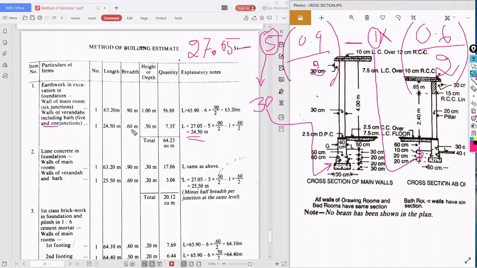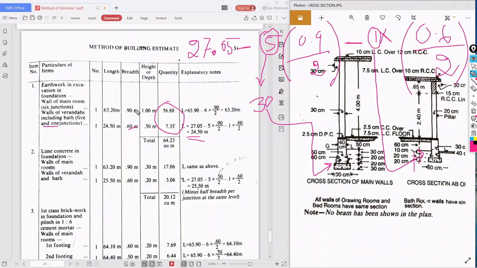So breadth is what? For a 20 centimeter wall, it is 0.60. So what is the trench height? That is 0.5. Multiply, you will get 7.35 cubic meter. That is total, for only 20 centimeter wall, 7.35 cubic meter work is there for earthwork. Okay, so this is how we do. At that wall type, how many junctions are there?